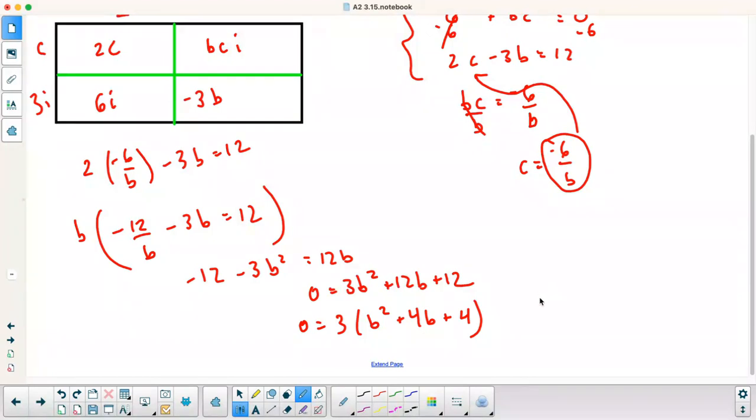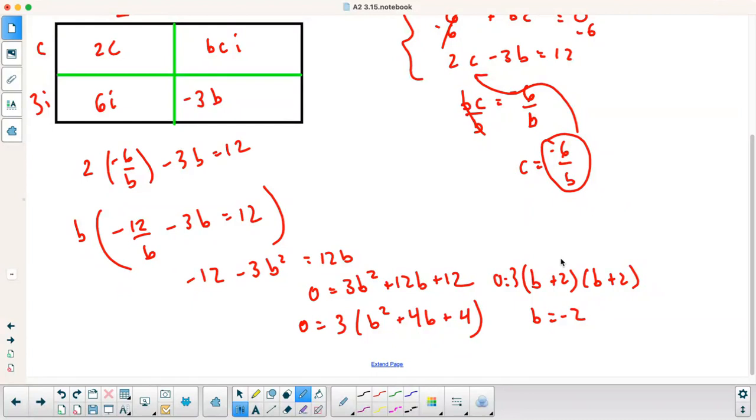So we end up with B plus 2 times B plus 2, because we're looking for factors of 4 that add to give me 4. So 2 times 2 would give me this 4, but then 2 plus 2 would give me that 4 in the middle. So it's all factored. It's equal to 0. I can now say B equals -2.